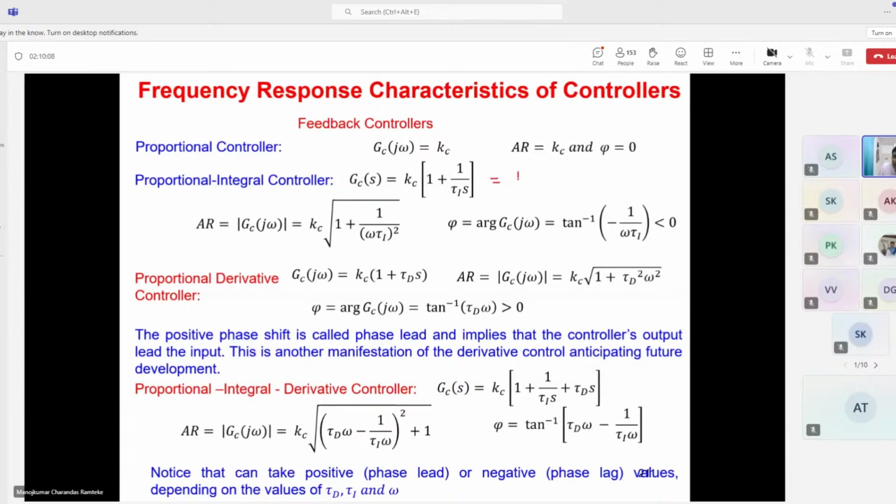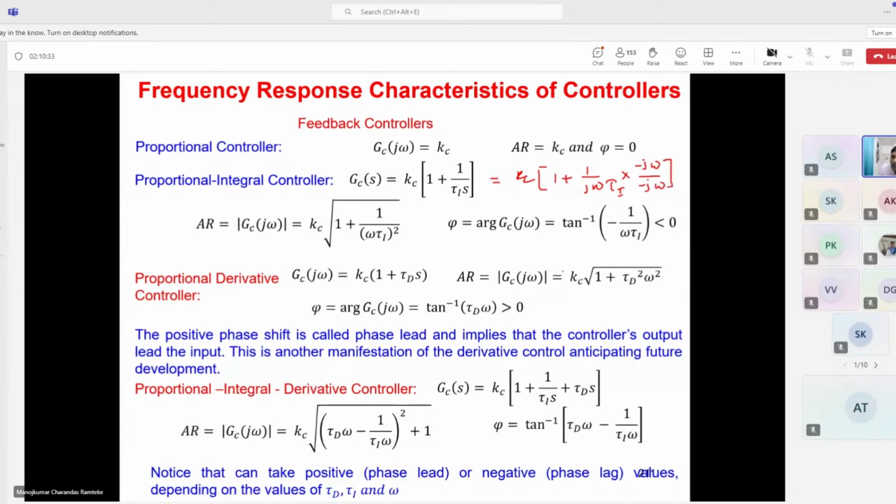So you will get Kc times 1 plus 1 upon j omega into tau I. Now this entire term we can multiply by minus j omega divided by minus j omega.